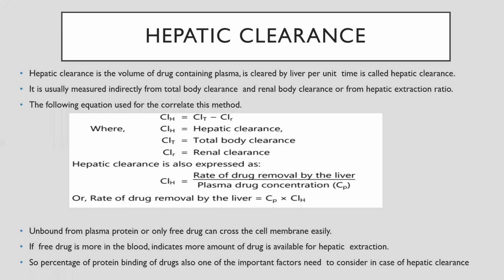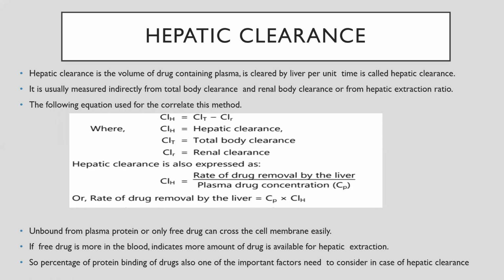Hepatic clearance is usually measured indirectly from the total body clearance and the renal clearance, or from the hepatic extraction ratio.